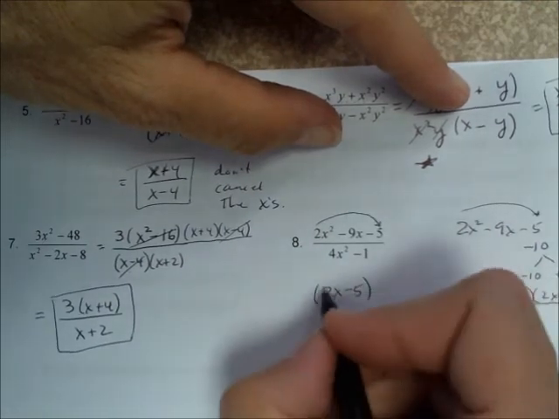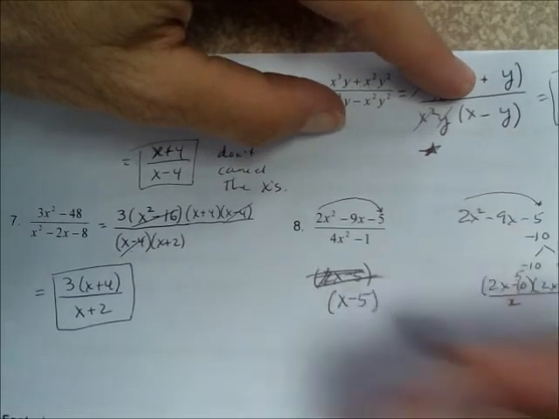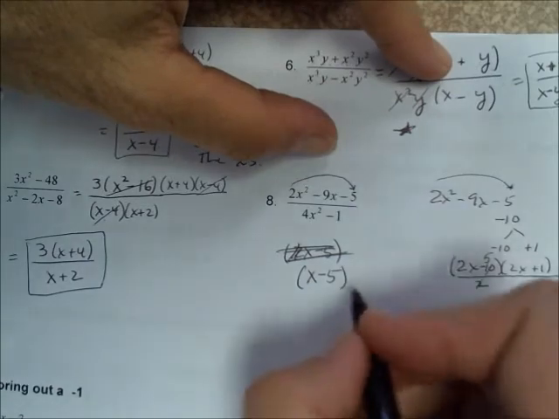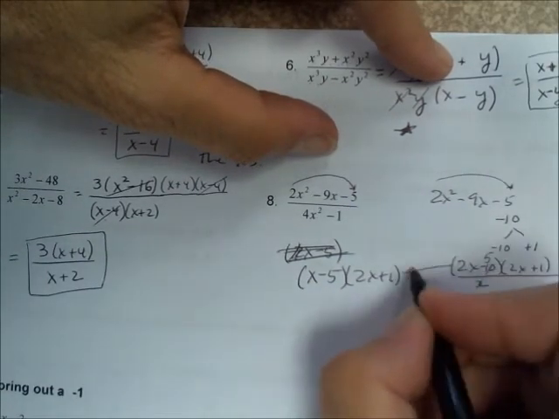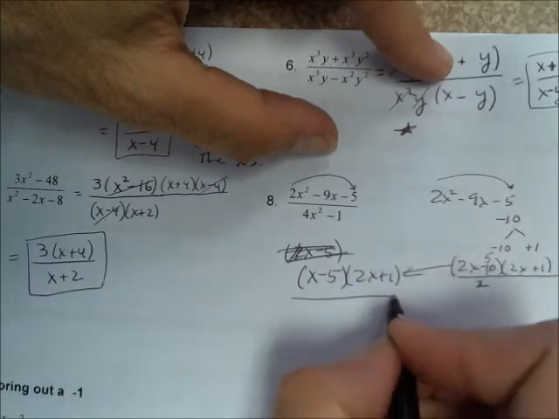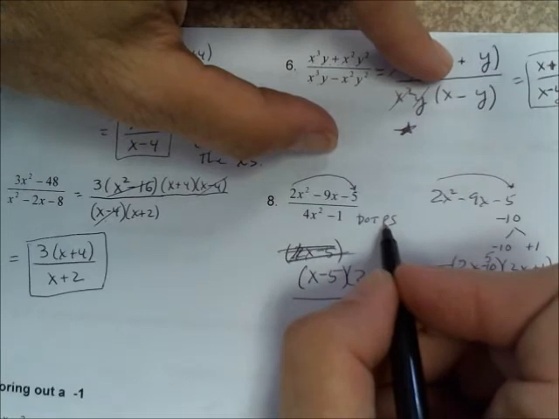I'm sorry, 1x. Oops, that's a mistake. Sorry. X minus 5 on the top. 2x plus 1 on the top, because that would be this numerator. And on the bottom, this is the difference of two perfect squares, DOTPS.